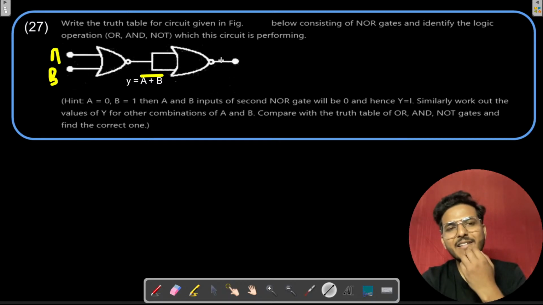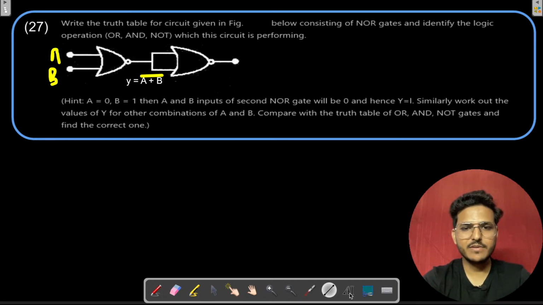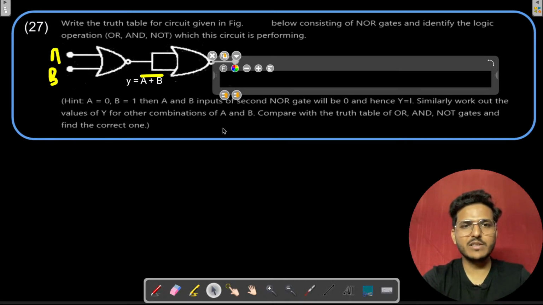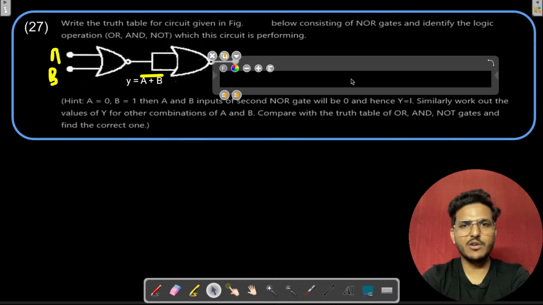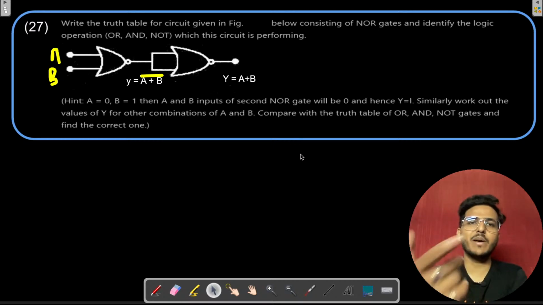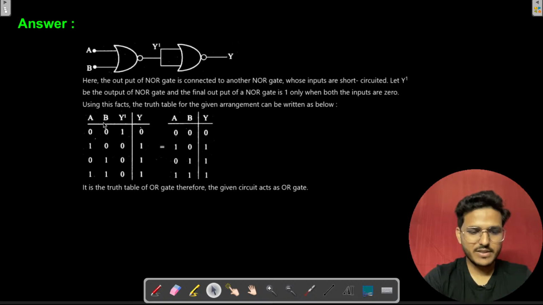And again giving these inputs to another NOR gate, then what is the final output? The final output is Y equals A plus B, because if you are using a double bar, that means it's the simple value, right?